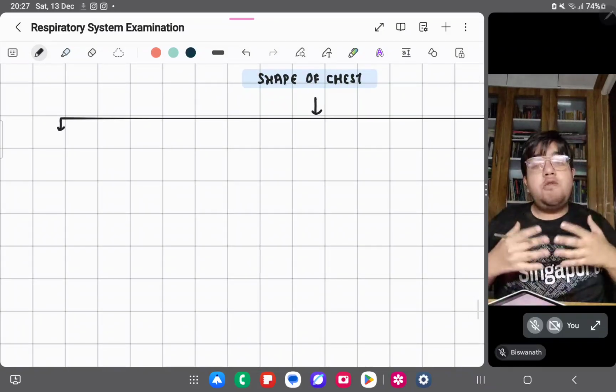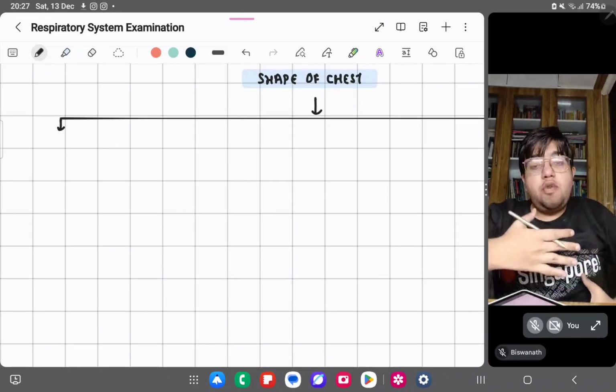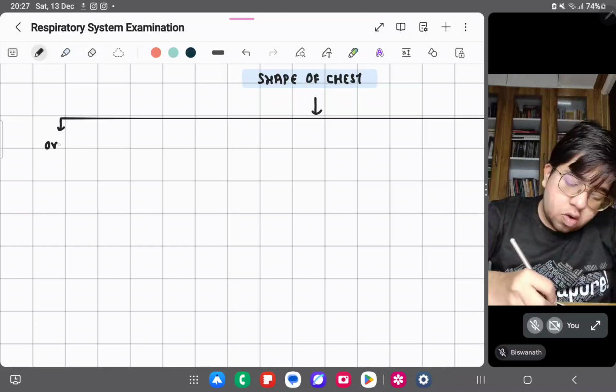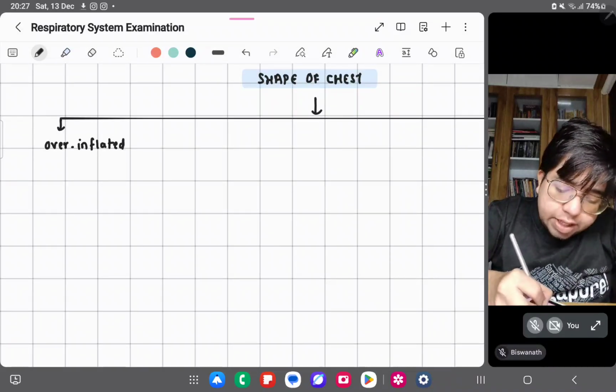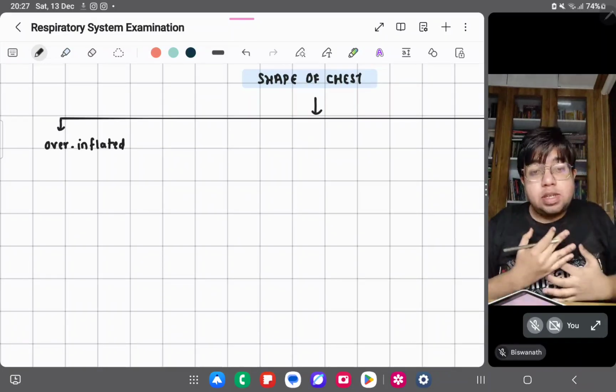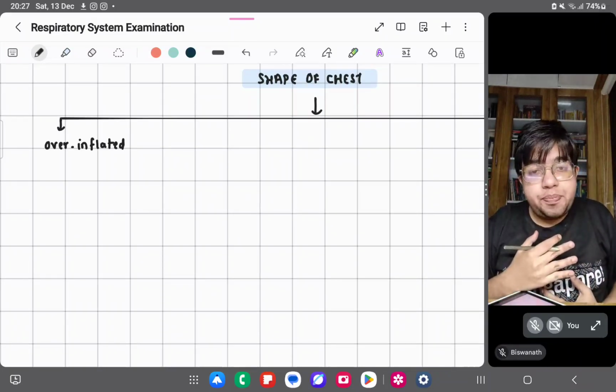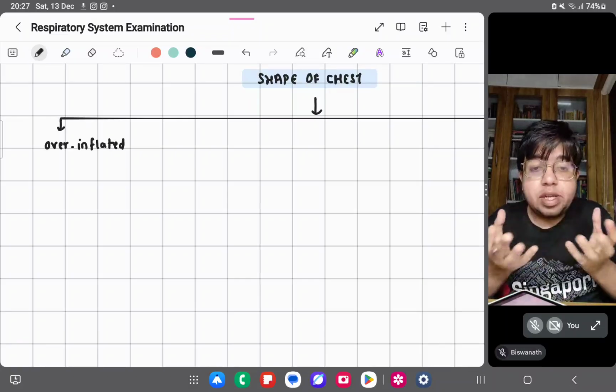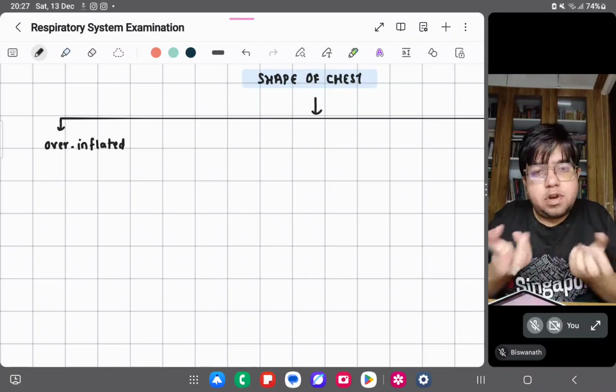First, we can have an overinflated chest. When will the chest get overinflated? If there is some obstruction, the chest will try to overinflate. If there is any restriction, the chest will try to contract, of course.